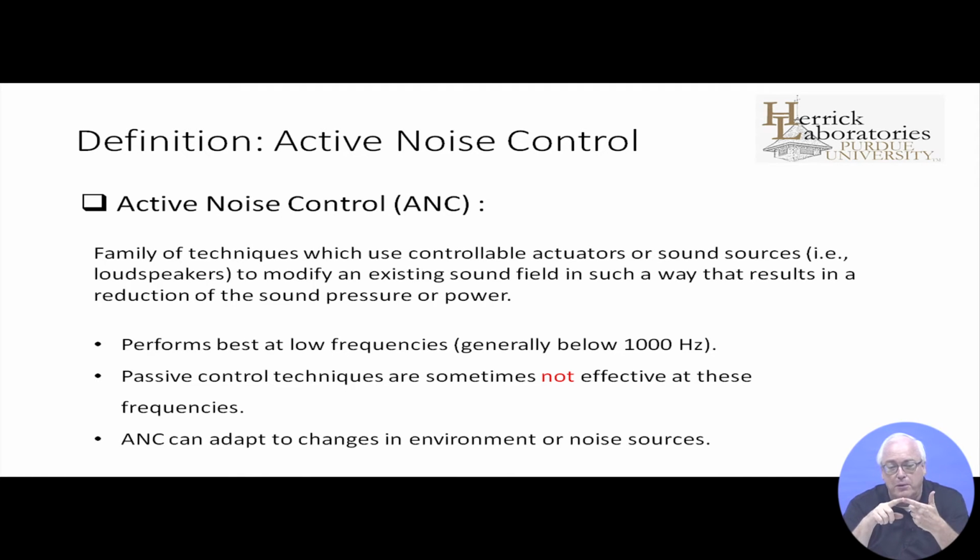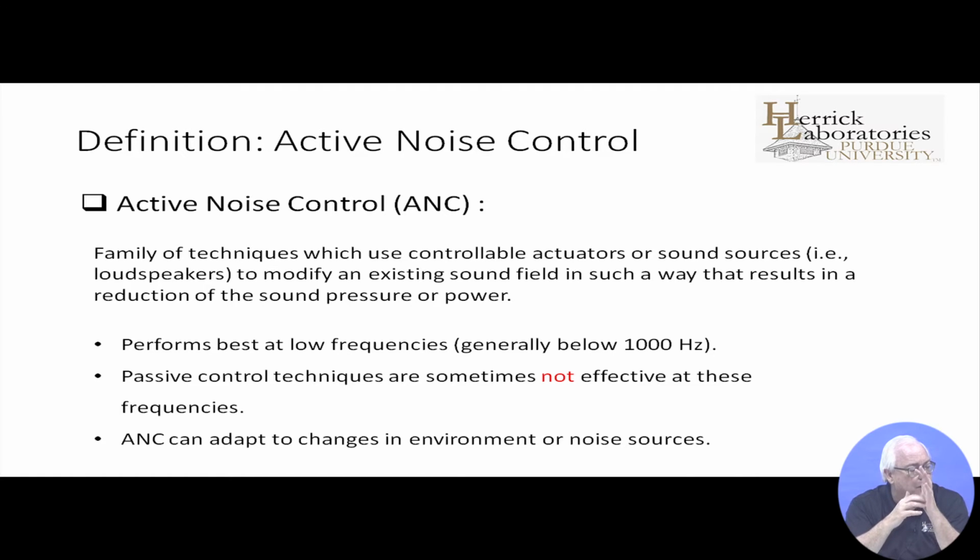So people talk about local control, trying to control a sound field in a particular location, say around your head, or in the entire space, so local versus global. And normally this would result in, as indicated here, a reduction of the sound pressure or power.